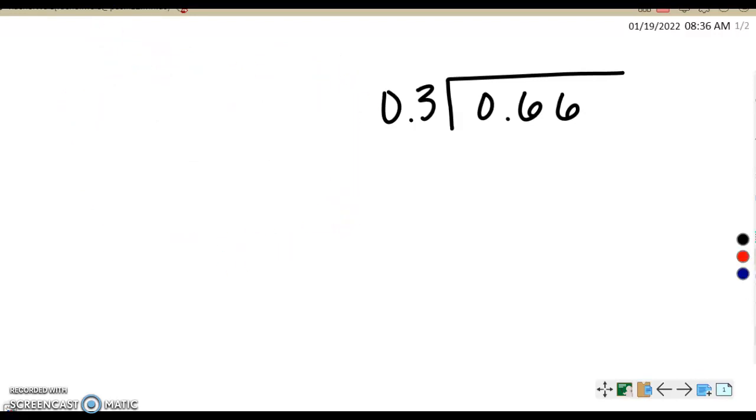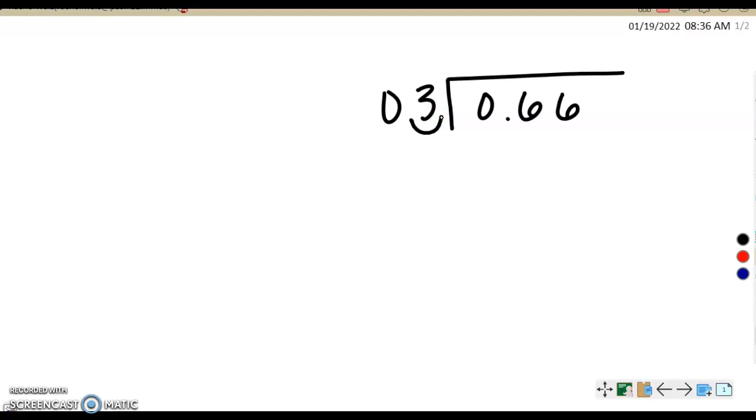The biggest part of division with decimals is you can't divide with a decimal. I know that sounds weird, but I'll explain. Here we have 0.3, and we're going to take this decimal because we can't have it there. We have to have a whole number, so we're going to move it one spot to the right to get rid of that decimal.